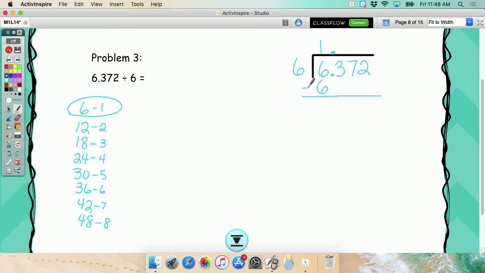Now that just took care of divide and multiply. So skip counting is your divide and multiply step. Okay? So I'm going to subtract. Is my remainder less than my divisor? Bring down my 3.